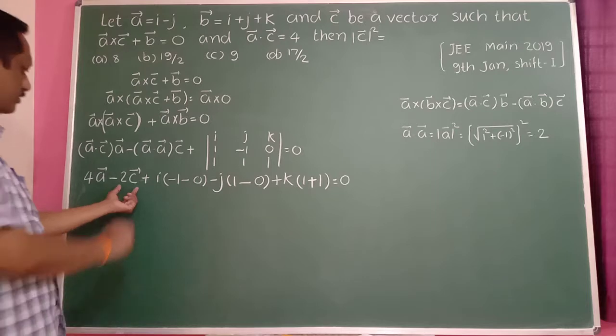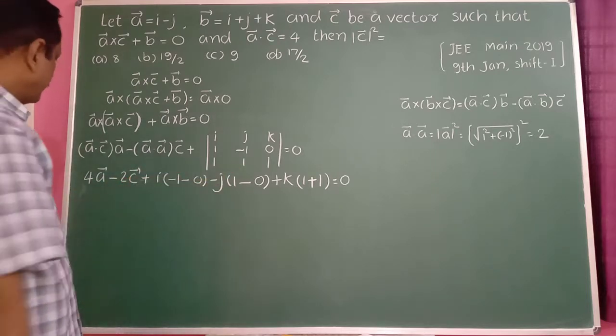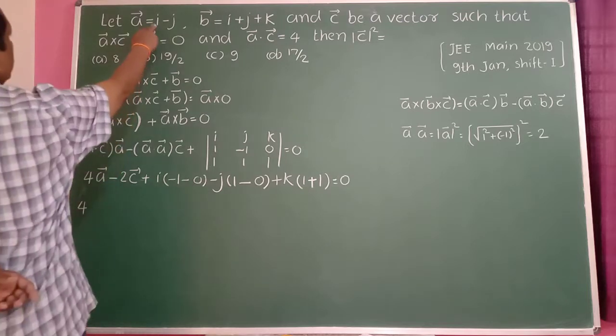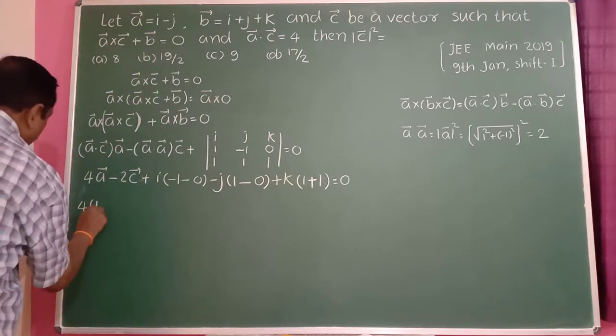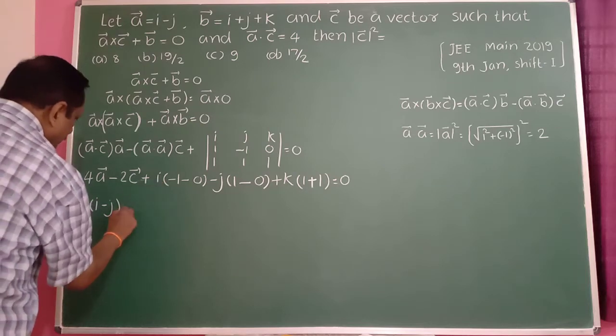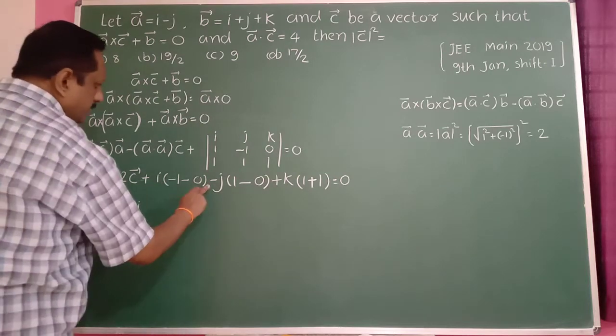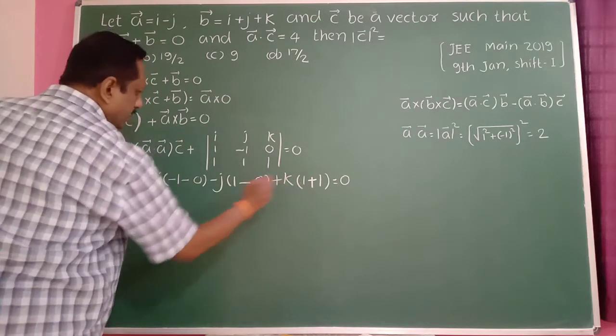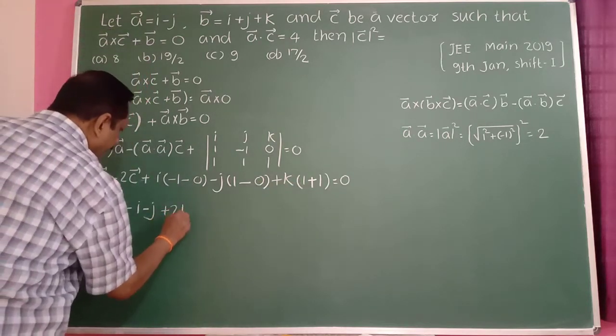Take minus 2c to the right side, it becomes plus 2c bar. So 4 into a bar, where a bar is i minus j: 4i minus 4j, plus 2k.